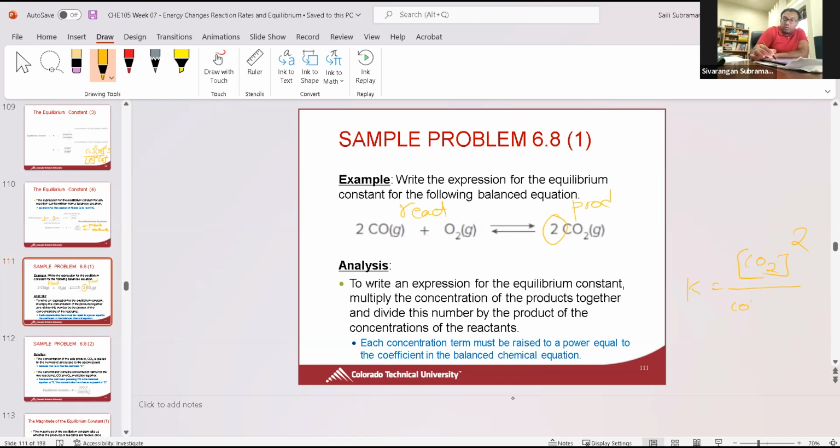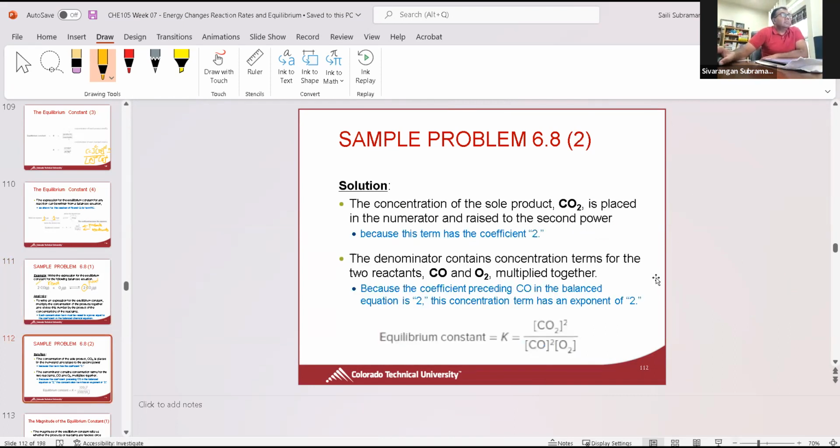Again, the concentration of reactant number 1, CO, raised to the power 2 because of this 2, times the concentration of oxygen to the power 1. So you can just leave it as it is. So that's how you get CO2 to the power 2, divided by CO to the power 2 times oxygen to the power 1.